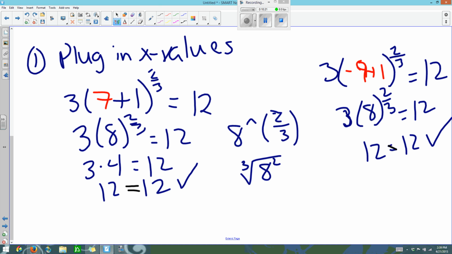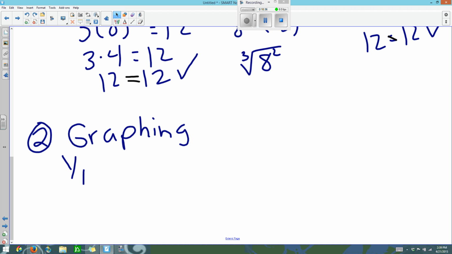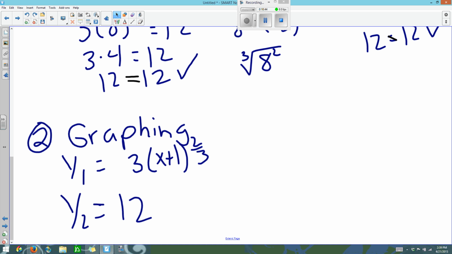Okay? Now, the second way you can solve for an extraneous solution is also by graphing. Where y1 is the 3 times x plus 1 raised to the 2/3, and y2 is your output, which is 12.